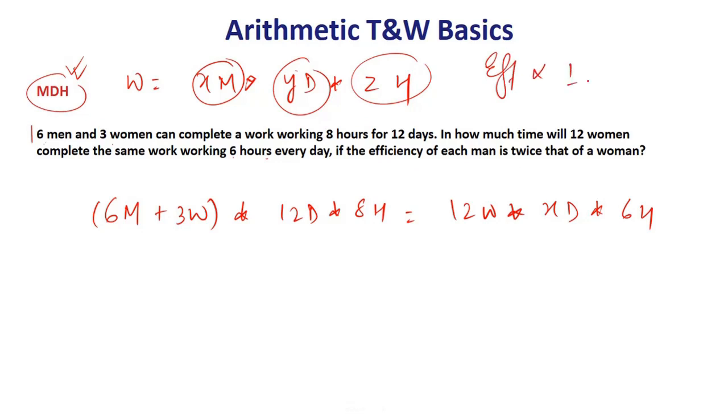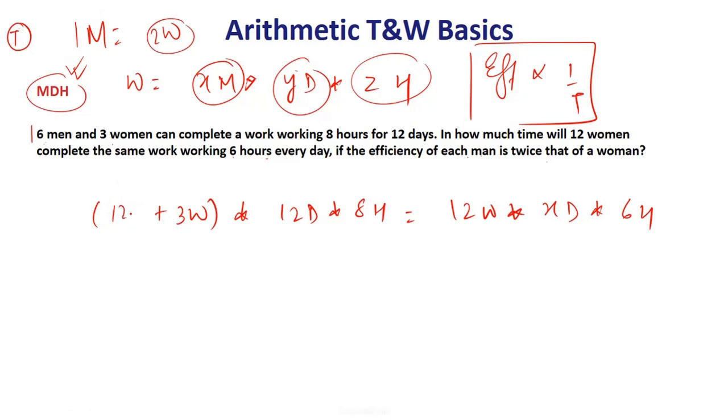Efficiency is inversely proportional to time taken, which basically means that if the efficiency of man and woman is different, the amount of work they will do in a given time differs. Here the efficiency of each man is twice that of a woman, so one man is equal to 2 women. If the time is constant, the amount of work done by a man will be twice that of a woman.